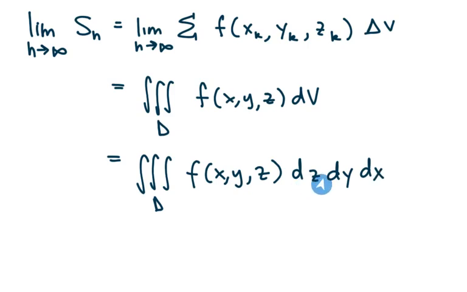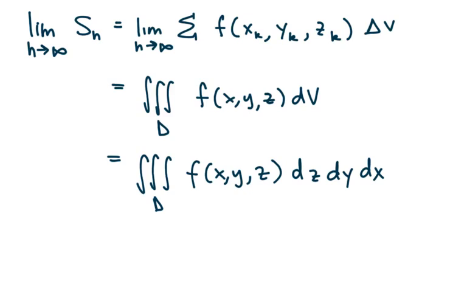That's just the most conventional way that we write these. We go down, z, y, x. These are going to have all the same properties and evaluation of double integrals. We're just going to be doing more of them.